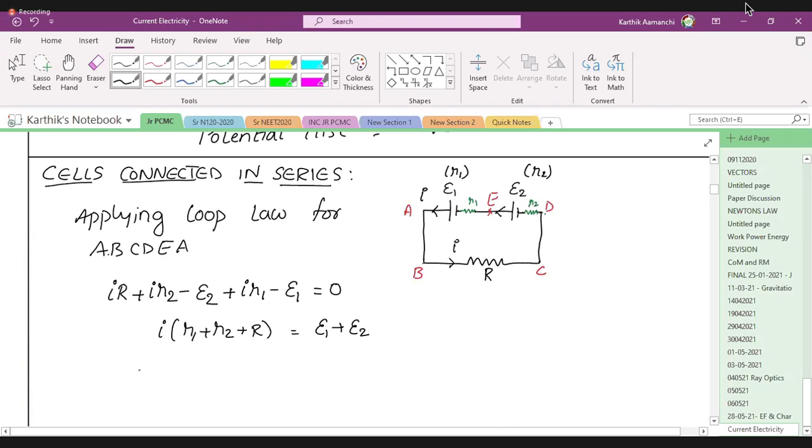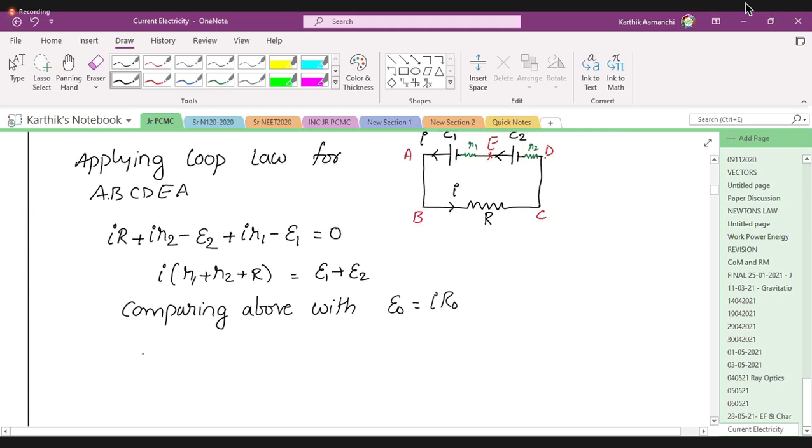So comparing the above with epsilon naught is equal to I R naught, what is your effective EMF? Epsilon 1 plus epsilon 2.